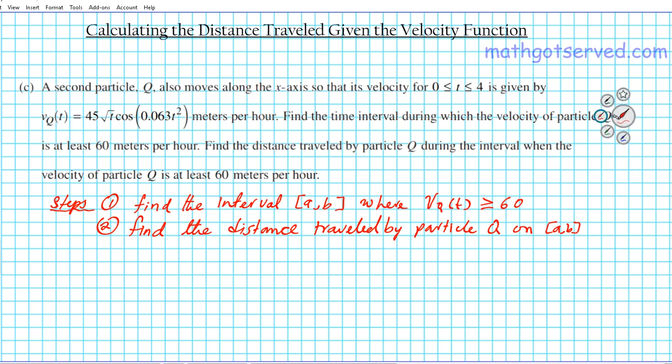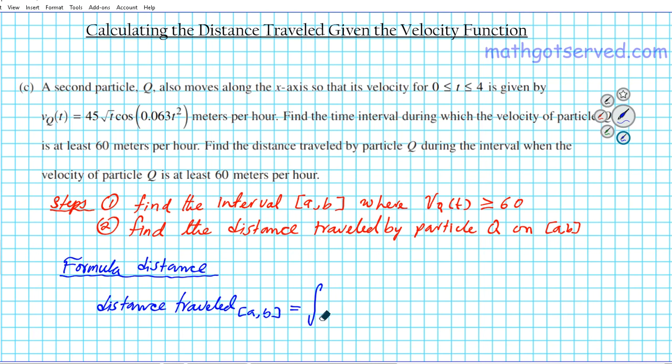Alright, so next thing is the formula for finding the distance. Ladies and gentlemen, we just talked about it in part B, so hopefully it's fresh in your mind. What's the formula for distance? So the distance traveled on an interval AB is related to the displacement calculation.